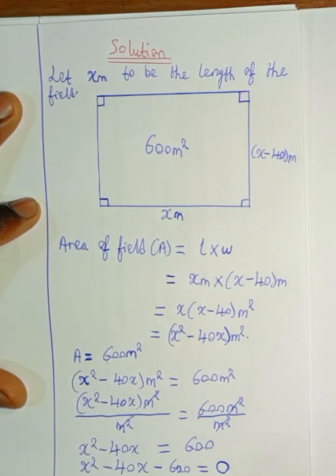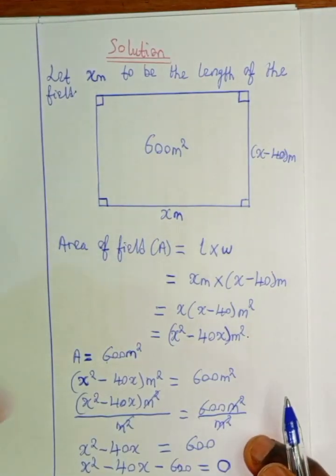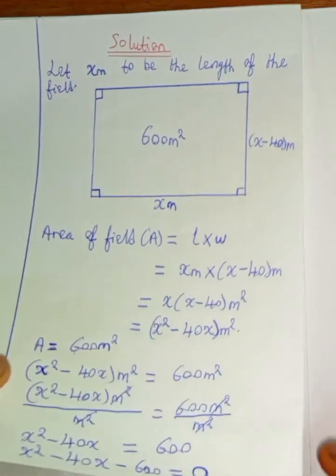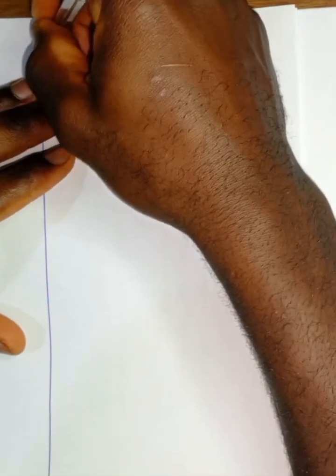Look at this equation, you will see that the unknown is x and the highest power of x is 2. This equation is referred to as a quadratic equation. Let's write it down.